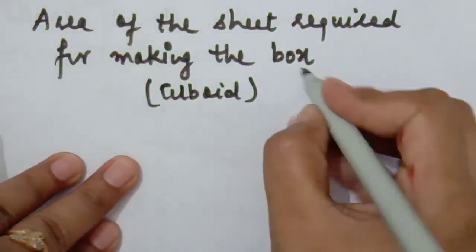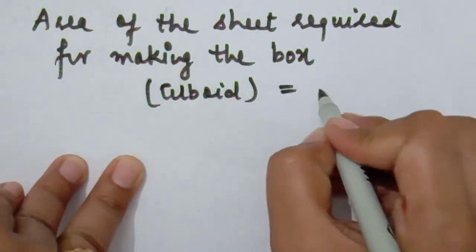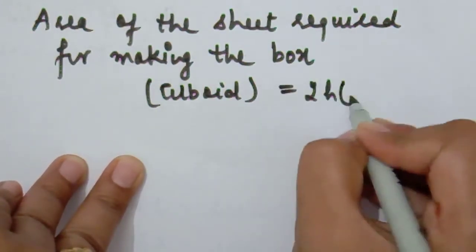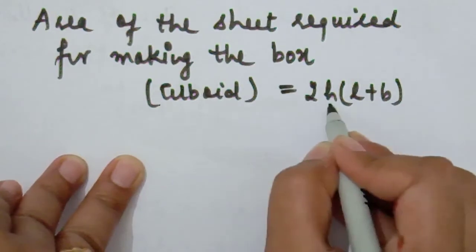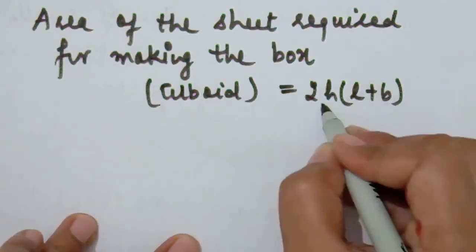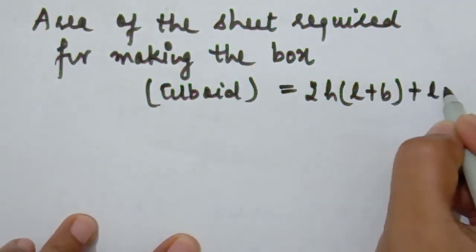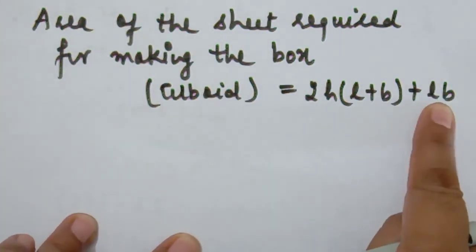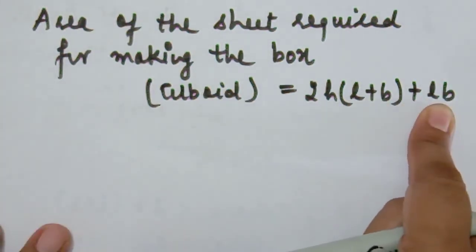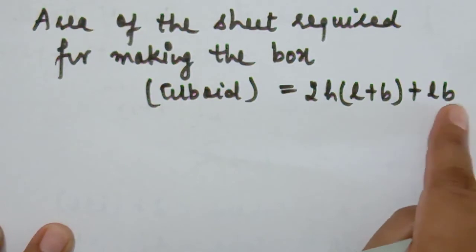I will take the second option. The lateral surface area is 2 into H into (L plus B), the area of 4 walls, plus we have to add the area of the floor also, because 4 walls plus floor make 5 faces; the roof is not there.